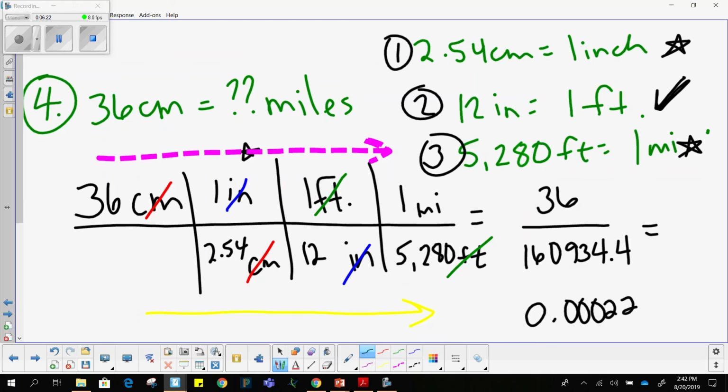I mean, there's more numbers, but we can round it and stop right there. And again, this unit is now miles. Now, this makes a lot of sense. You only started with 36 centimeters. 36 centimeters is not even half of a meter stick. So what ends up happening is, of course, that's going to be a fraction of a mile. So this is how you set up your dimensional analysis.